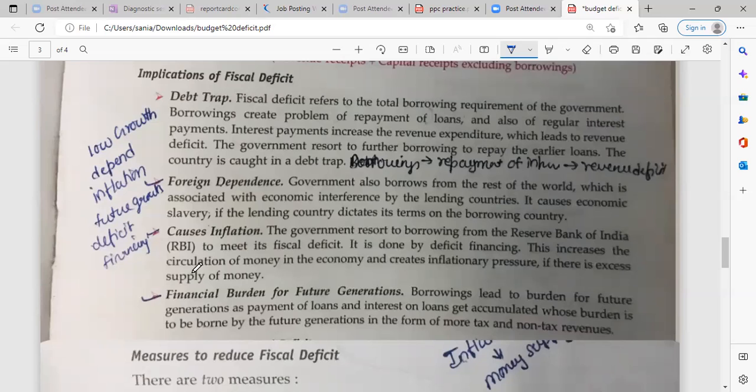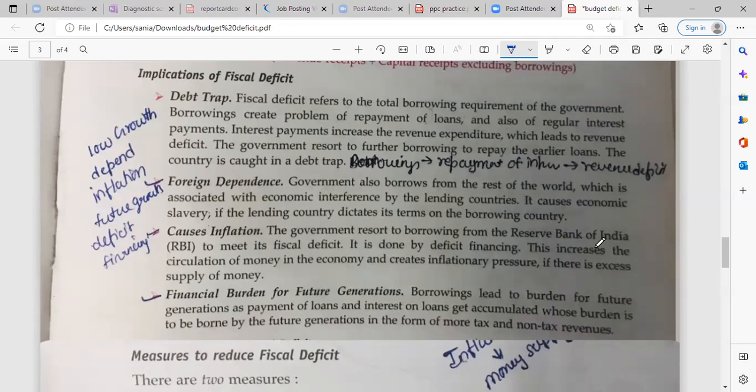This increases the circulation of money in the economy and creates inflationary pressure if there is an excess supply of money. So what happened? Basically, just remember one thing. RBI will be giving money and money will be coming to RBI through whom? Basically, what people will be depositing, only then the person that will be coming to RBI, right?